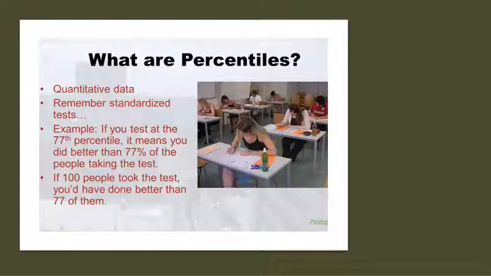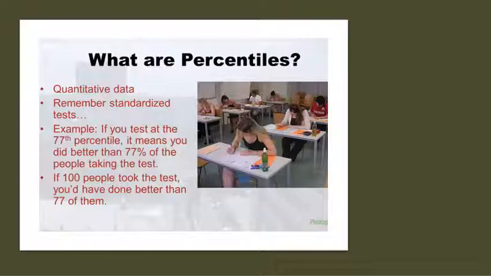After we would take our standardized tests, they would always send you your scores in the mail, and I'm pretty sure you still get scores in the mail, or at least in your email, like with your SAT scores. And in your scores, they tell you what percentile you fall into. They might say, you fall into the 90th percentile, or the 50th percentile, or the 77th percentile, and that doesn't mean you scored 77% on the test.